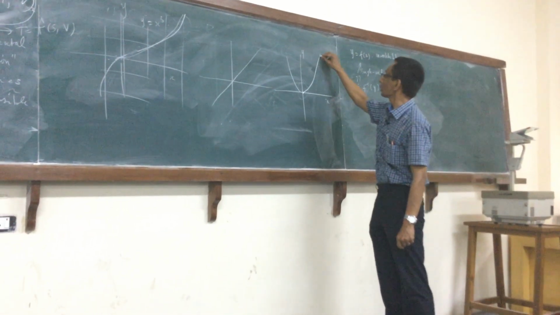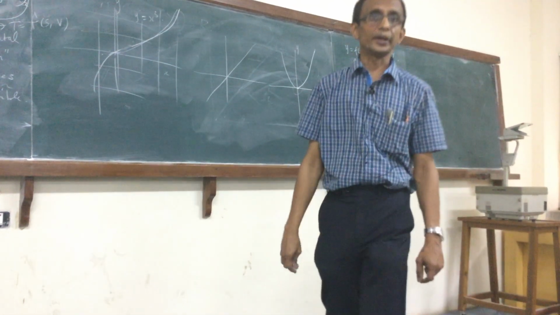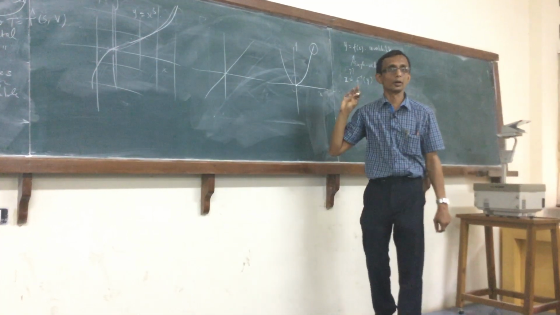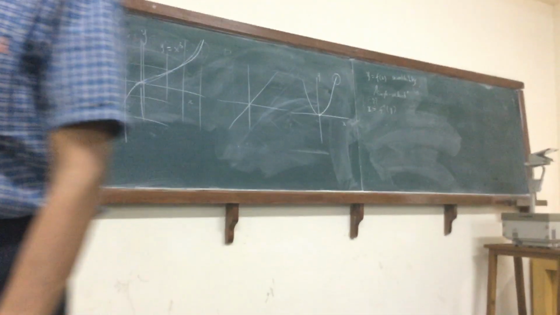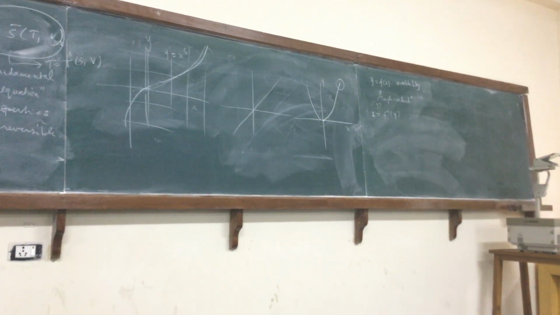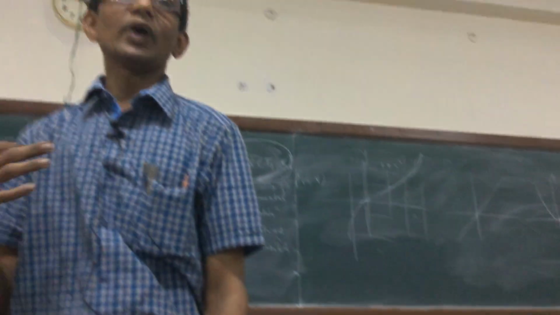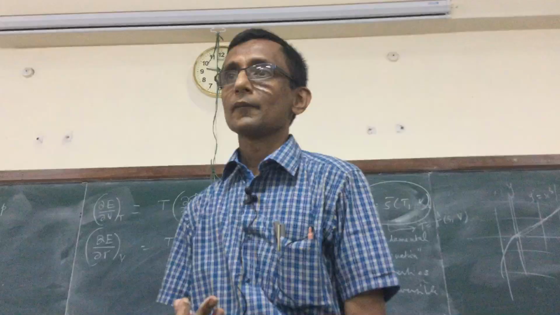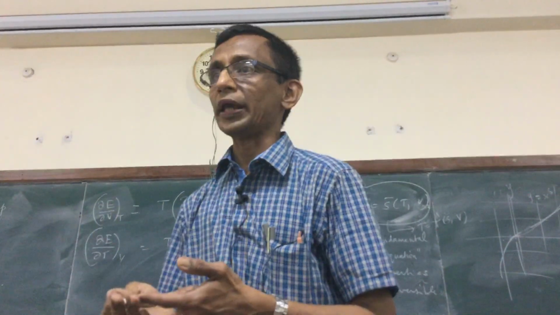Why I mean locally is, if I take this point, then clearly I can always consider a small domain around it. The derivative is not 0. So what it means is, if the derivative is not 0, then the invertibility condition says that the function is invertible around that point in a small neighborhood.